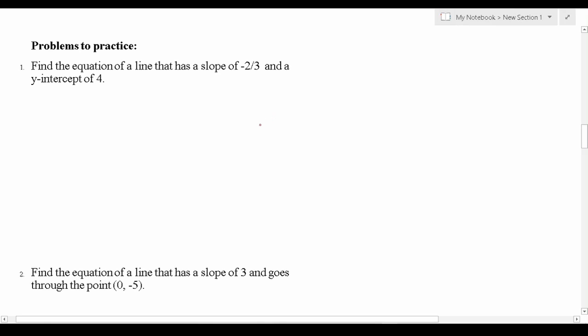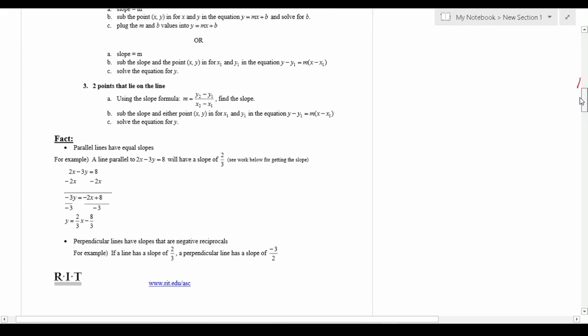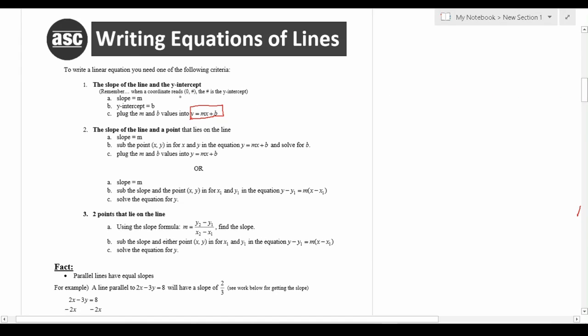Question 1 says, find the equation of a line that has a slope of negative 2/3 and a y-intercept of 4. So in this case, we're being asked to write an equation of a line given its slope as well as its y-intercept. That is, we're going to be following the steps in number 1 here to do so.